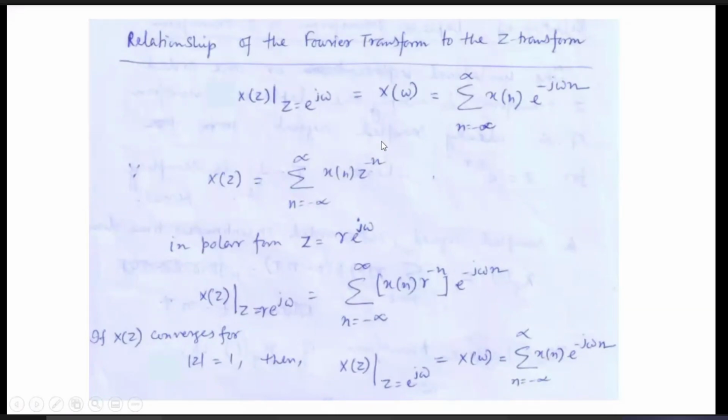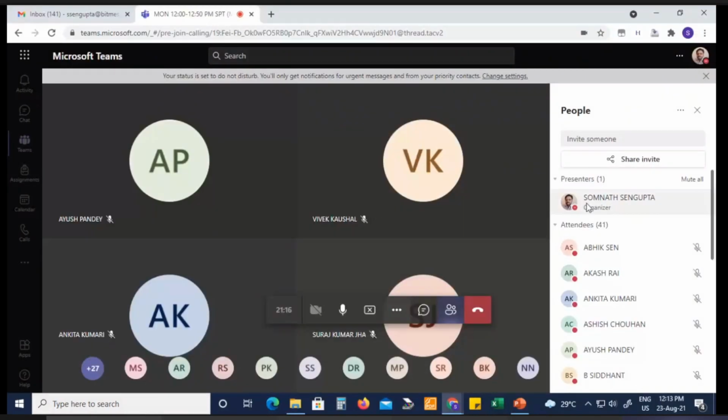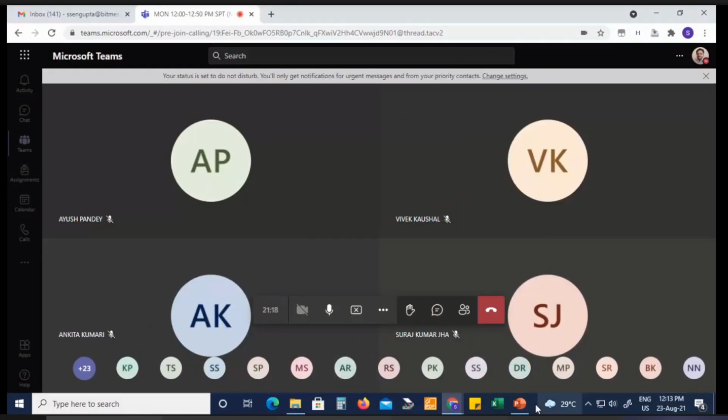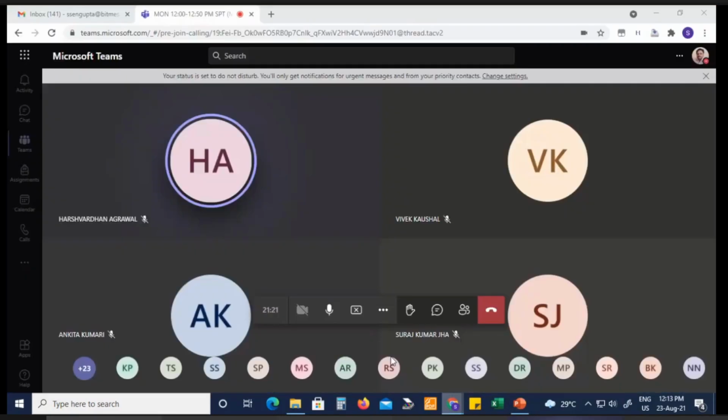Can anybody tell? Sir, the radius of unit circle. Yes, the radius of the unit circle.